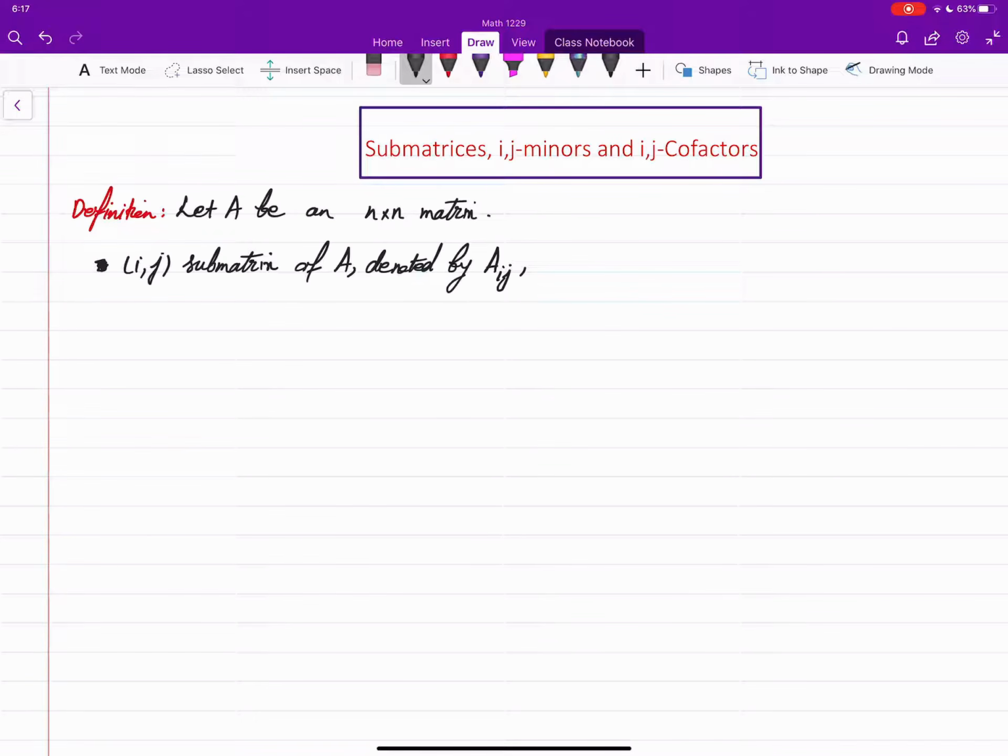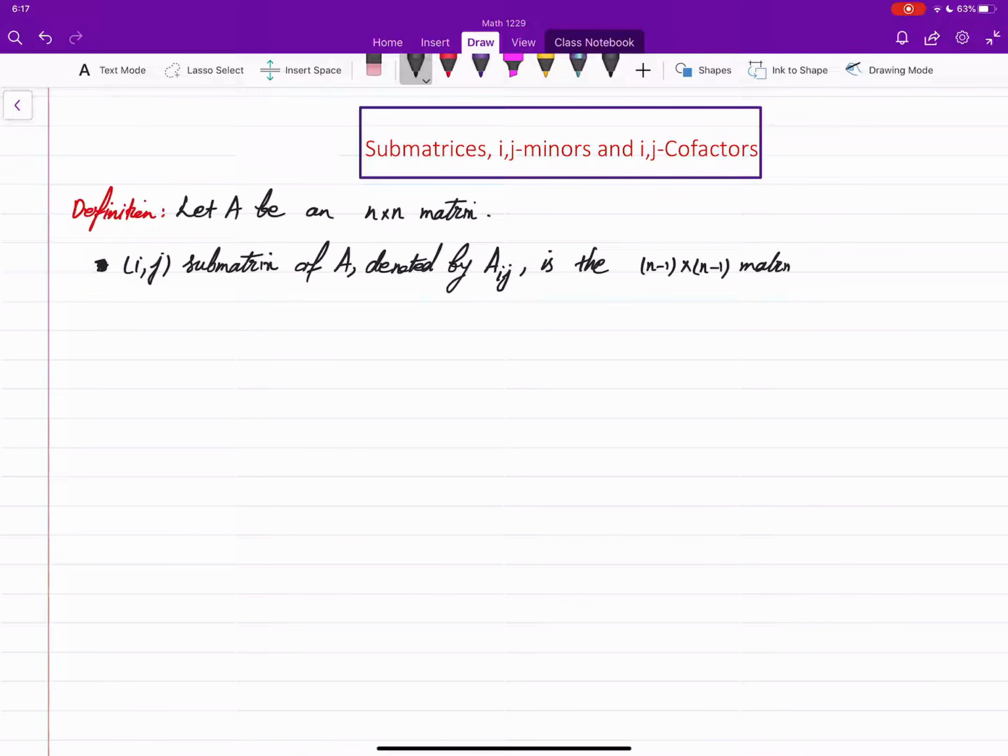Remember that the ij entry of the matrix A we denoted by lowercase aij. The submatrix Aij we denote by capital Aij. What is this? It is an n minus 1 by n minus 1 matrix.